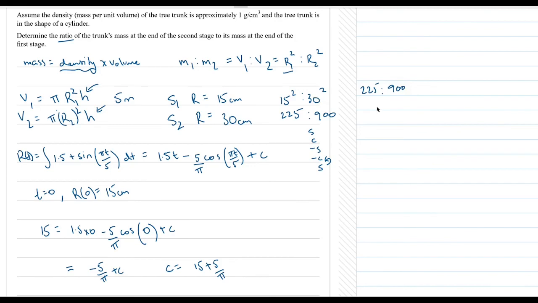If I divide by 25, this will give me 9, and this will be, so there's 4 25s in 100, and there's 9 100s, so 4 times 9, 36. And if we simplify that further, dividing by 9, it's 1 to 4. M1 to M2 is 1 to 4. So the mass at the end of the second stage is 4 times the end of the first stage.